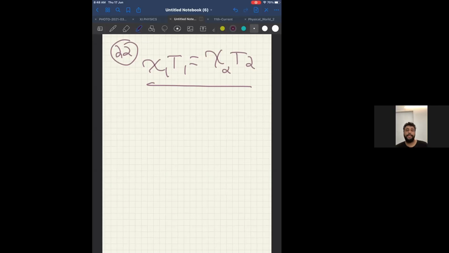Anyone getting the answer? Question number 22. Third option. Option C is the right answer, but see if you're getting it. You have to be very careful because all the options are very similar. Just check.